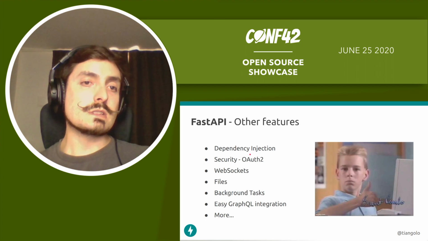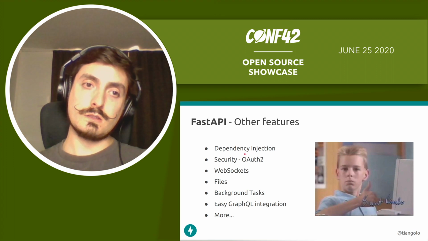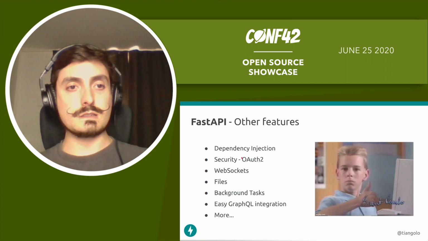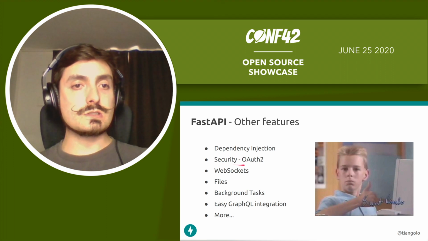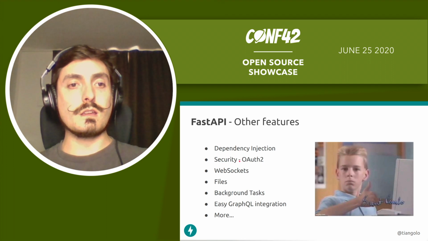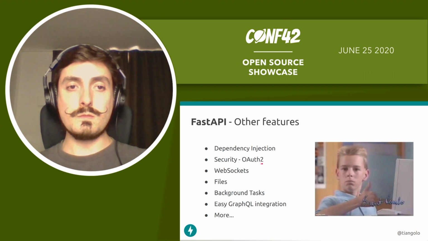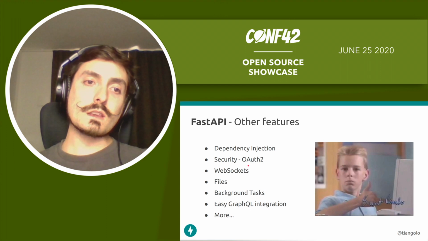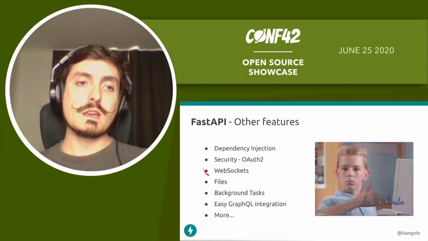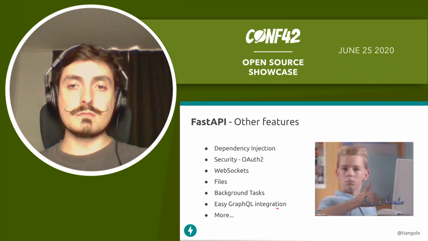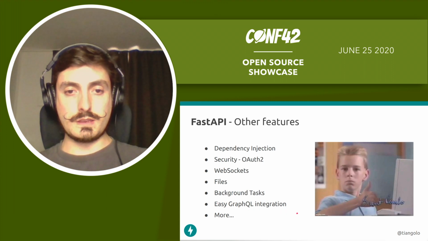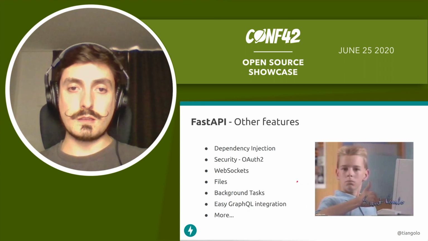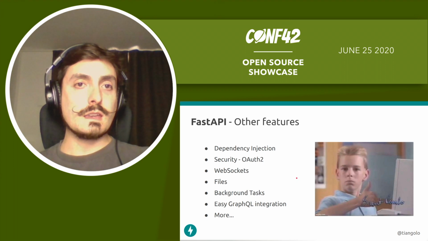It's very simple to use, very intuitive and powerful at the same time. There are also several security utilities integrated with OAuth 2, which is also integrated with the documentation interface. You have support for WebSockets, for files, background tasks, easy GraphQL integration, templates, a bunch of other things, what you would expect from most of the frameworks.